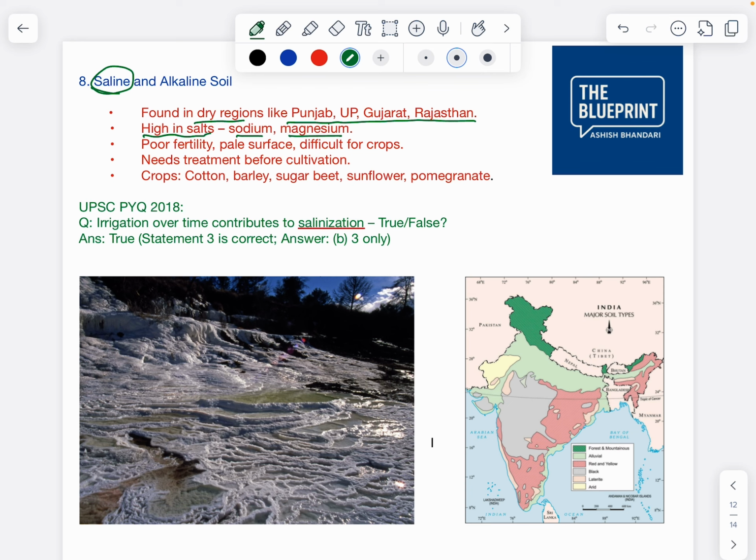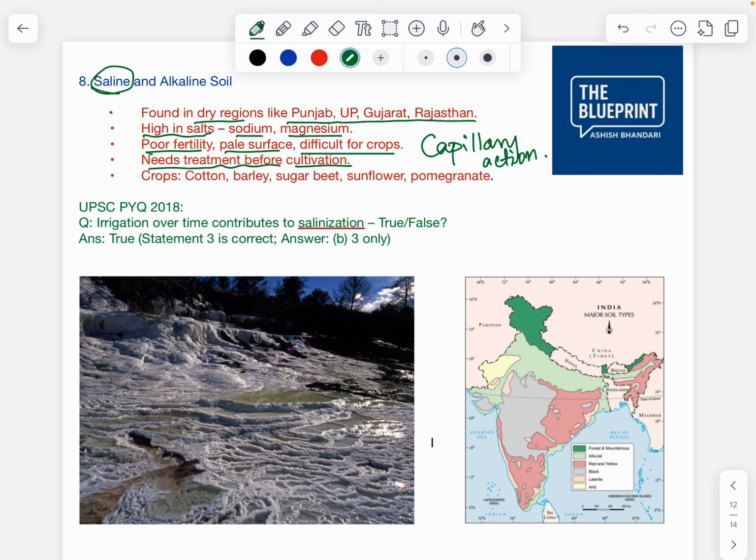When the land is dry, the salts beneath the land come above because of the capillary action. So that we have to remember. This soil has poor fertility, a pale surface, and is difficult for crops, but it needs treatment before cultivation.